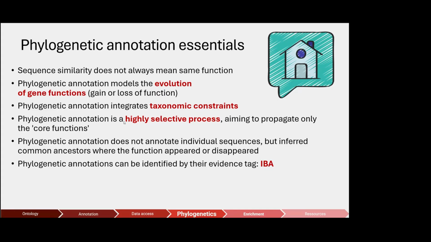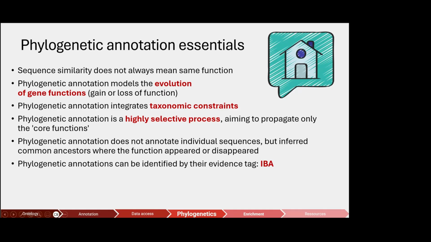We are speaking about a highly selective process here, which means that we are cleaning a little bit the background. Background doesn't mean it's wrong. I would say it's less right because what you have is more general terms, you have synonyms, you have downstream effects, what we call also phenotypes, that we don't want to cover here because what we want is really the clear function of the gene.